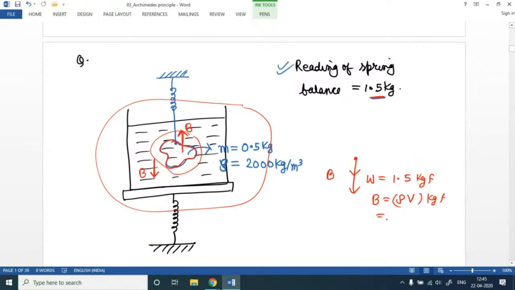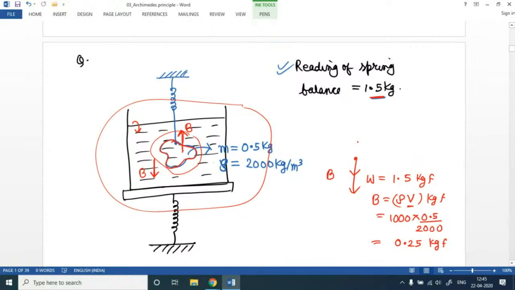Let's say this is water, so the density is 1000 kg per meter cube, and V here is mass upon density, 0.5 upon 2000. So what we get is 0.25 kgf.